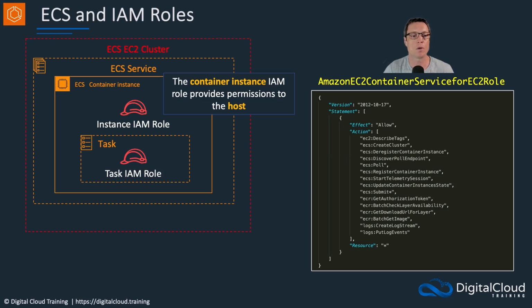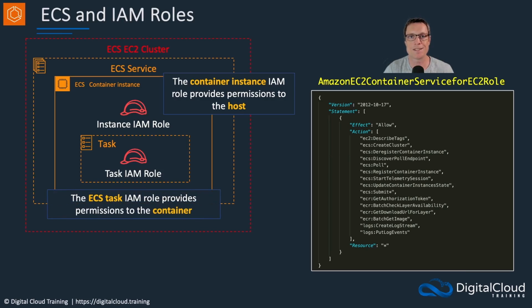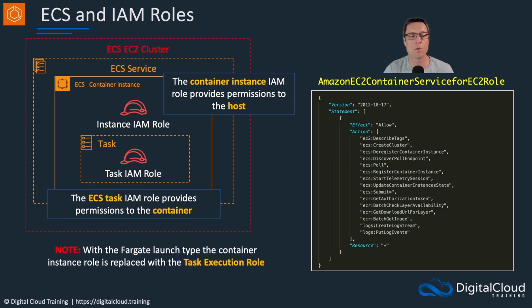For that, we can utilize a task IAM role. This provides permissions to the container itself. Now it's important to note that with the Fargate launch type, the container instance role is replaced with a task execution role, which provides the permissions to execute the task. But we still need to use the task IAM role in order to provide the permissions to the task if that task needs to access other AWS services like S3, for example, or a DynamoDB table.